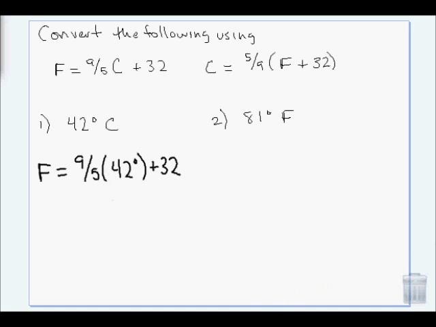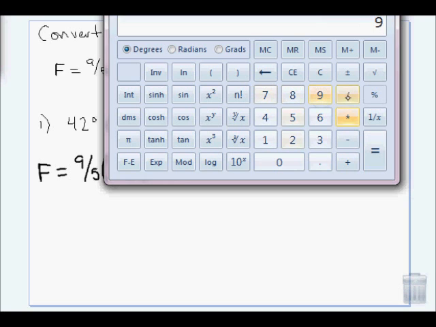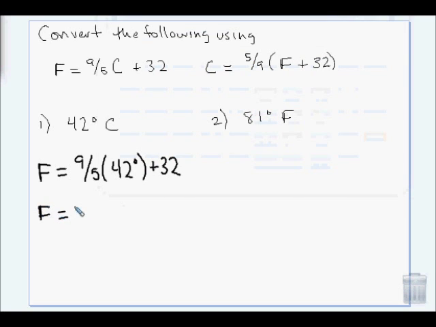And what I'm going to do, because it's easier, is convert 9/5 to a decimal, because 5 didn't go into 42 evenly. If 5 had gone into 42 evenly, I would have just left it as a fraction because that's actually easier.